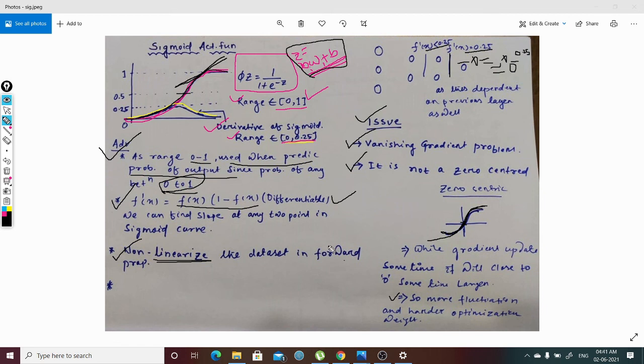So if it is not zero centric, there will be much more fluctuation during the weight optimization. Yes, it is better to have a zero centric activation function.